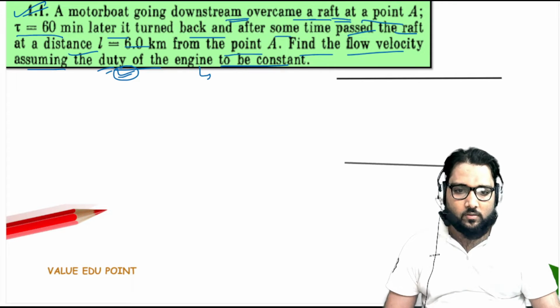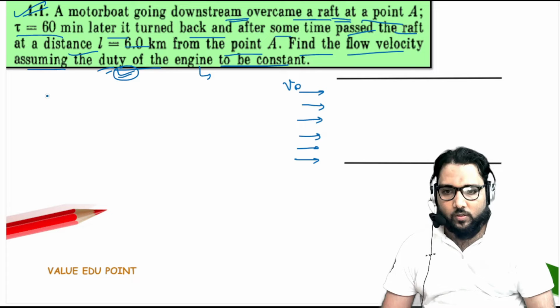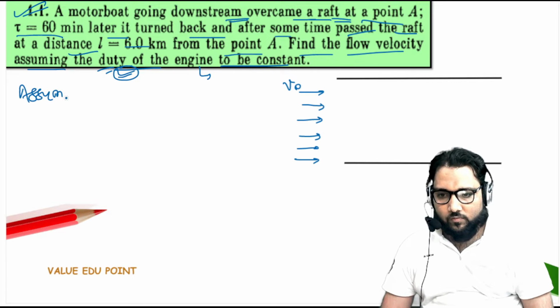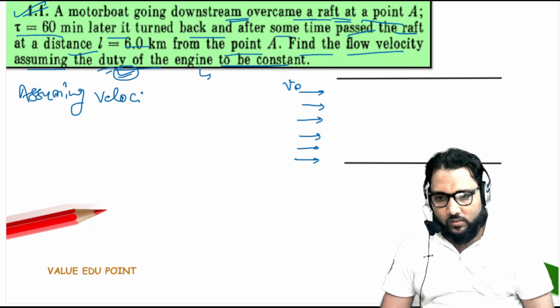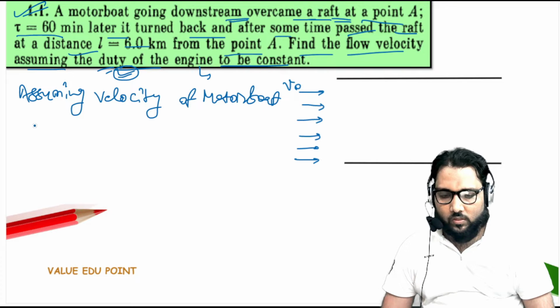We assume the flow velocity of the river is v naught. And we assume the velocity of the motorboat with respect to ground is equal to v.